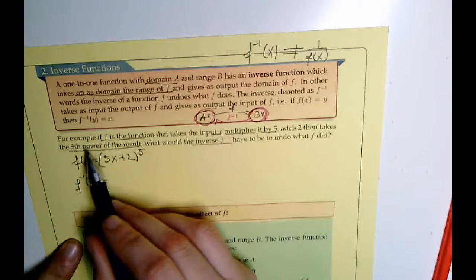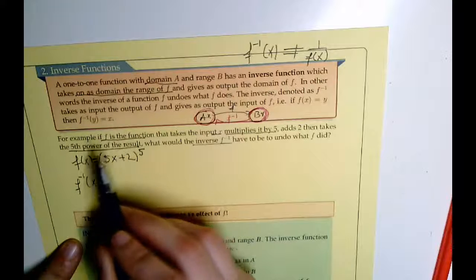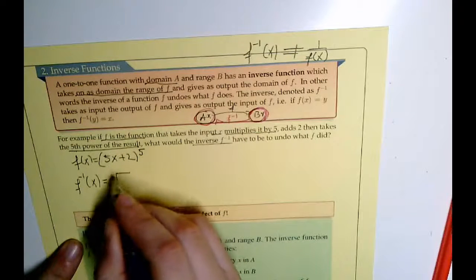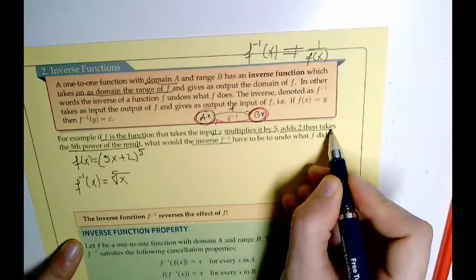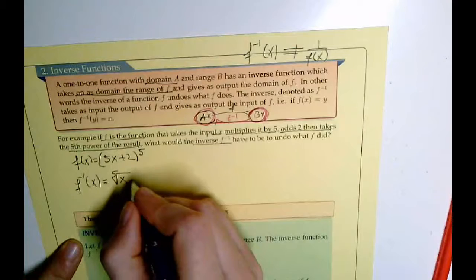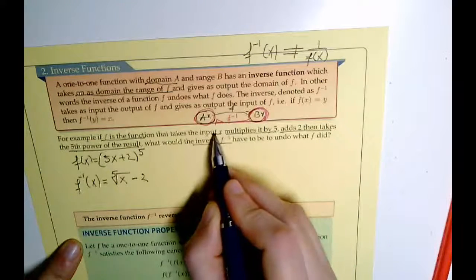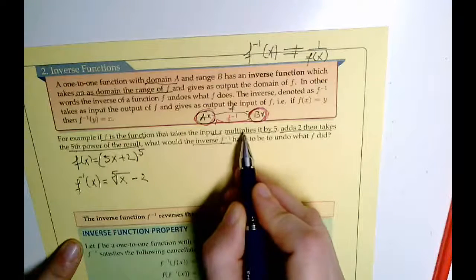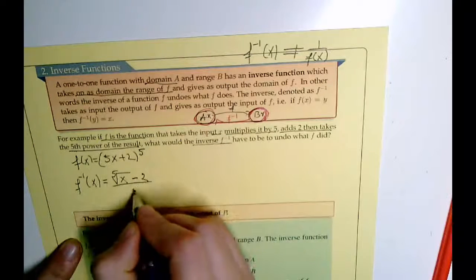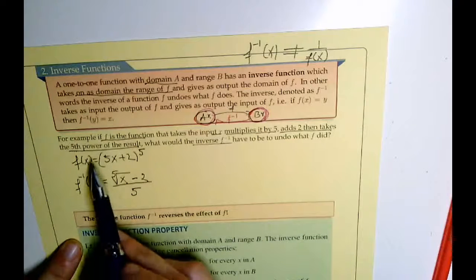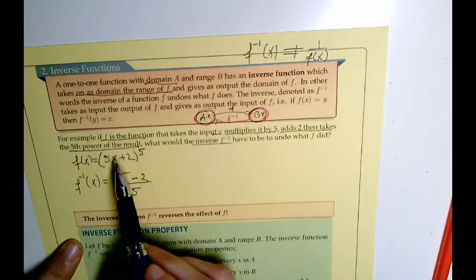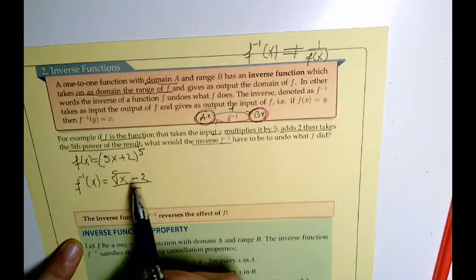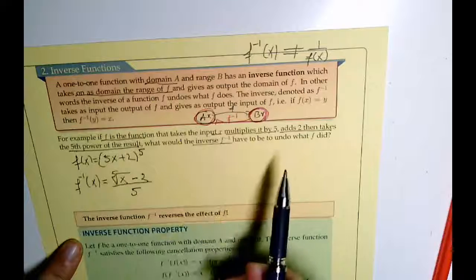So the opposite of 5th power is 5th root. So it's going to do 5th root of x, and then f adds 2, so it's going to do the opposite, so it's going to subtract 2, and then f multiplies by 5, so f inverse has to divide it by 5. So this is the inverse. The inverse undoes what f does. So the inverse is going to do exactly the opposite in reverse order.